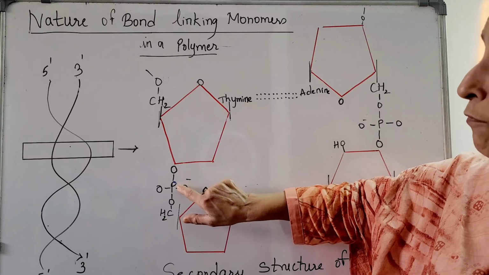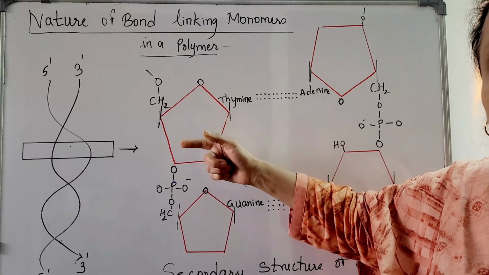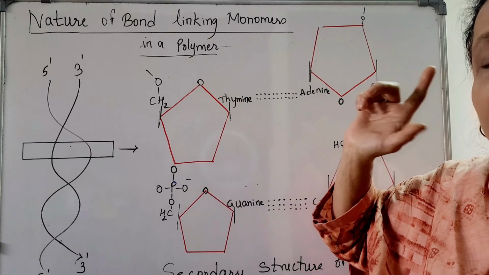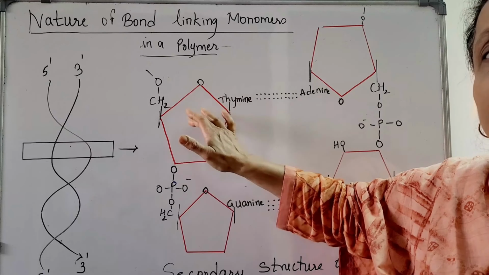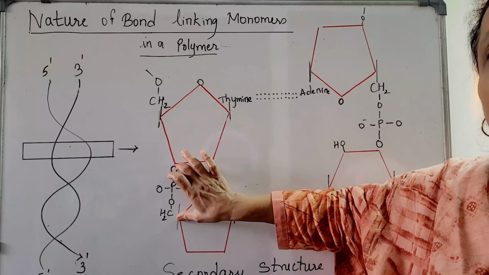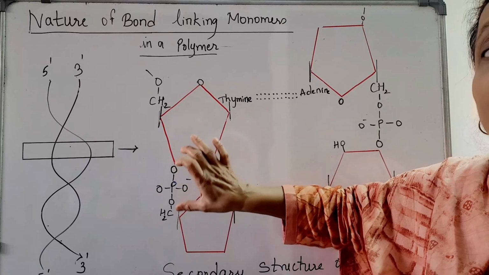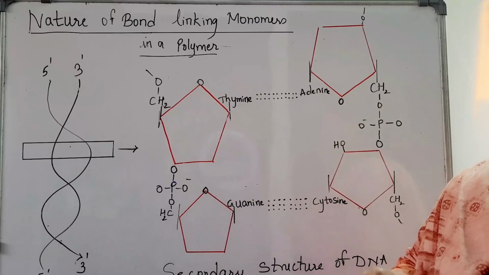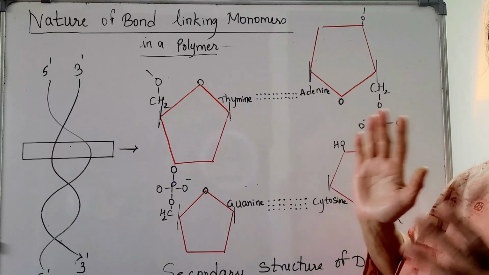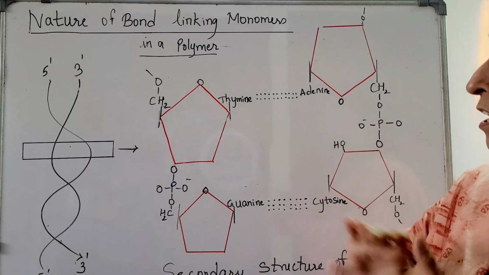Here, the phosphate group gets attached to the hydroxyl group of the sugar, and an ester bond is formed. Here, two ester bonds are formed, therefore it is known as phosphodiester. Two ester bonds are formed.